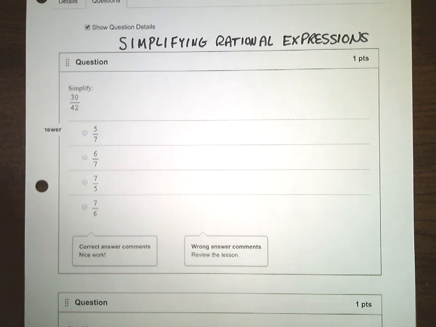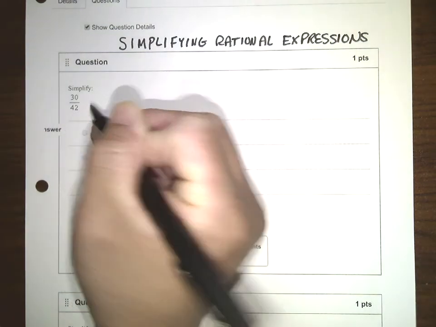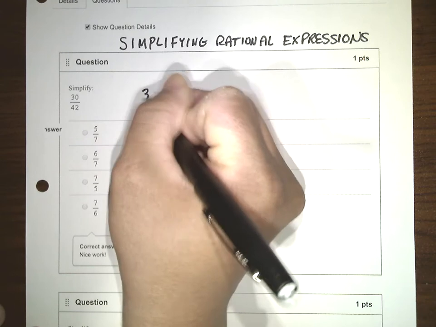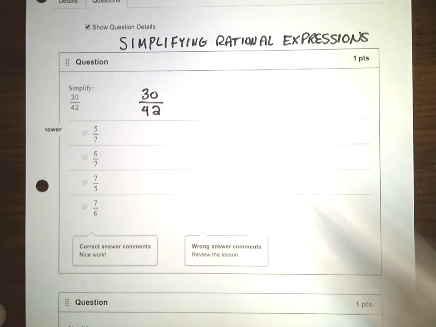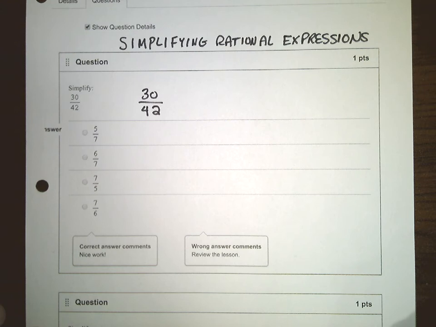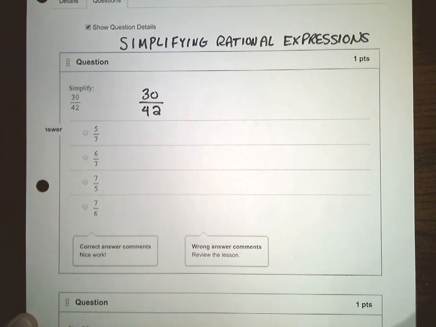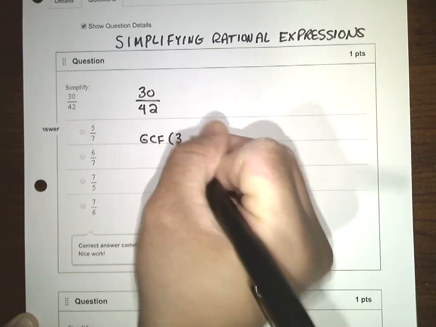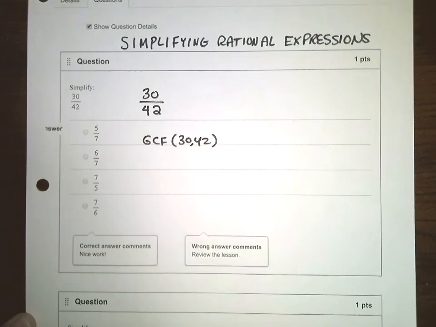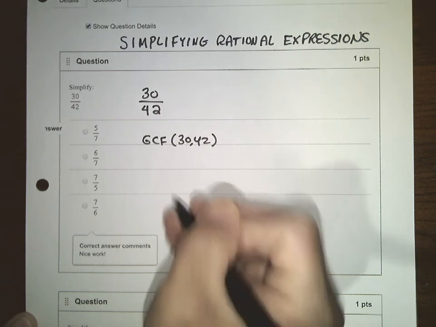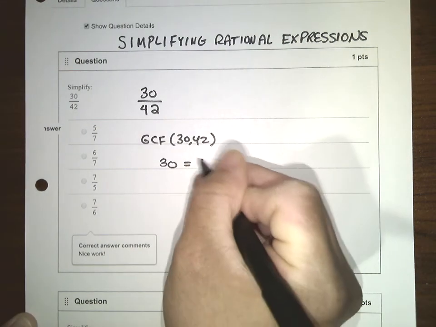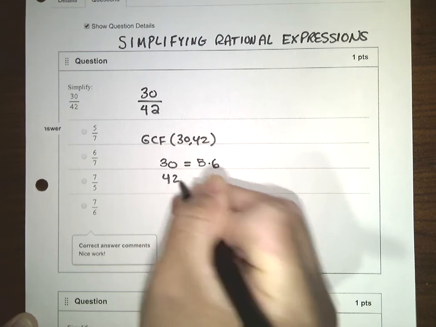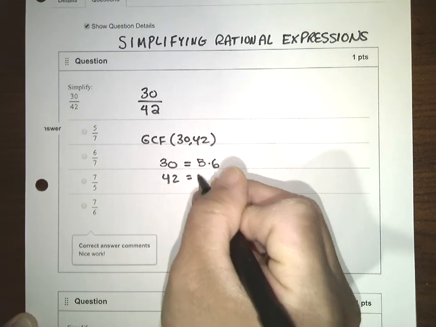So, the simplest type of rational expression that we might be asked to simplify is a fraction, like 30 over 42. To simplify it, I need to figure out the greatest common factor between the 30 and the 42, and that ends up being 6, because 30 is 5 times 6 and 42 is 7 times 6.